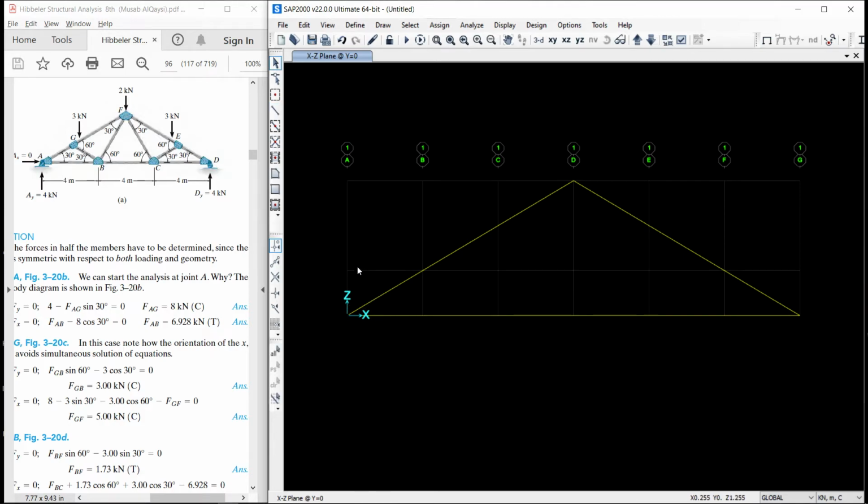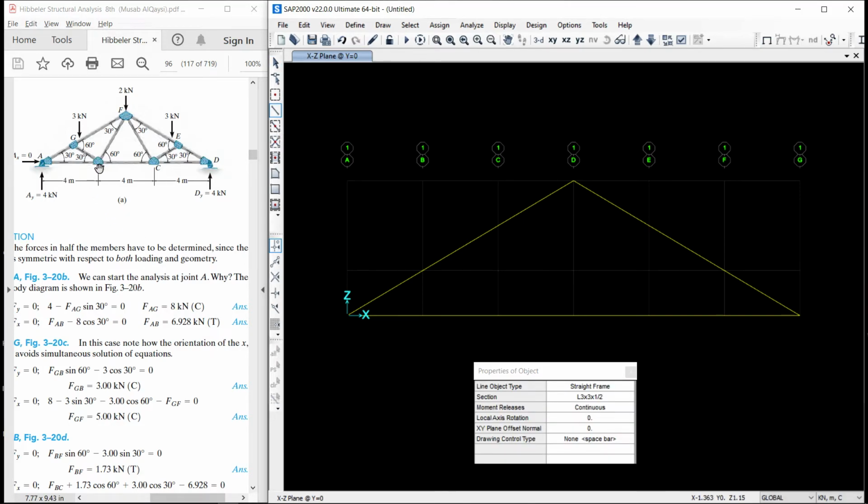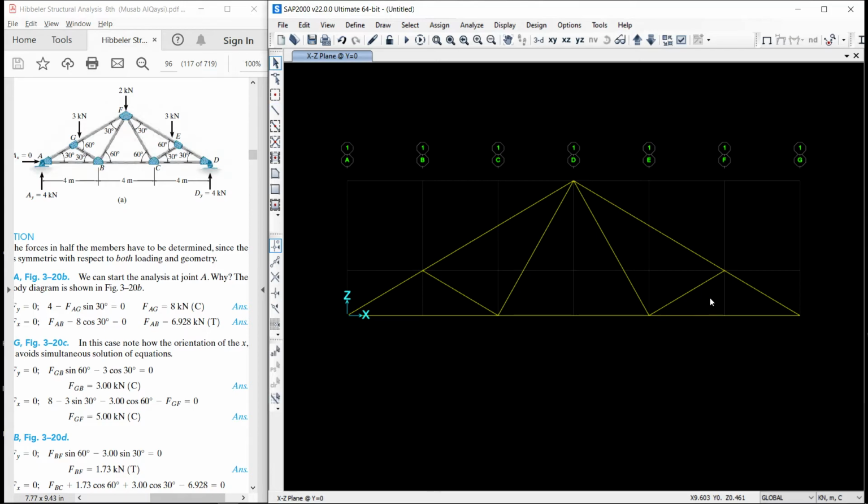Now again we have to join from B to G, then from B to F, F to C, and from C to E. So here is the complete model.